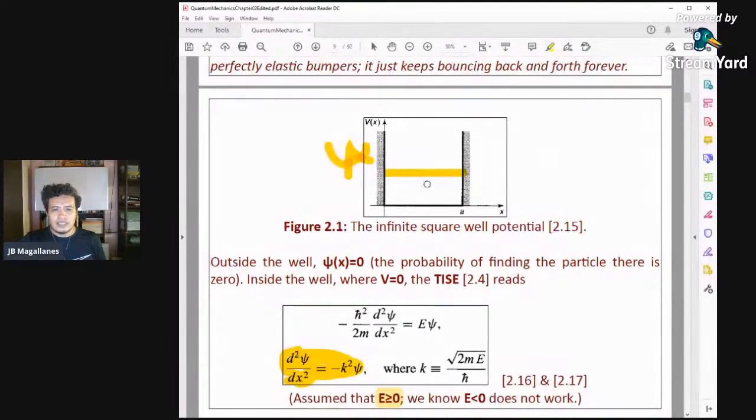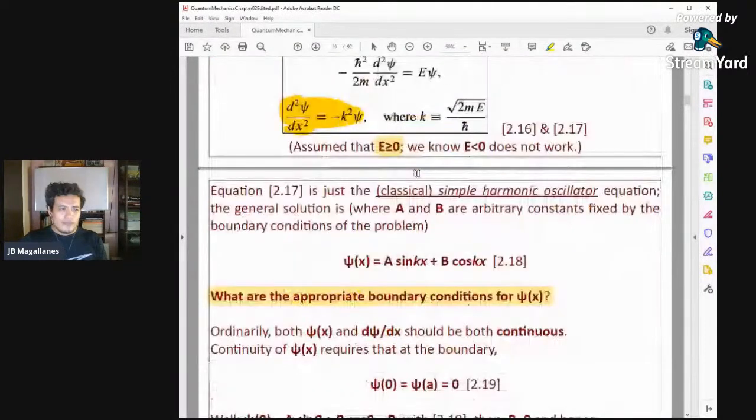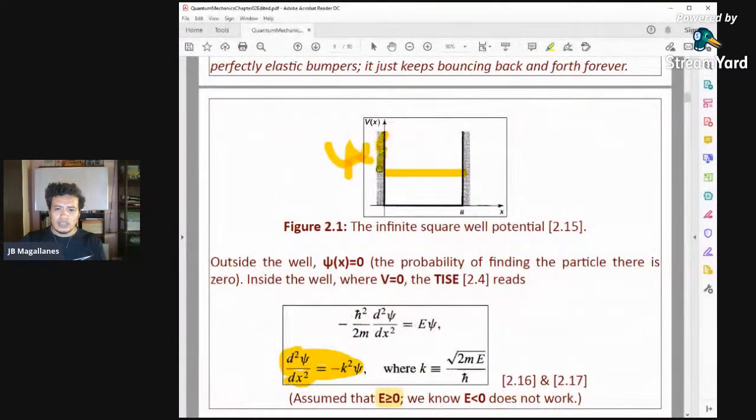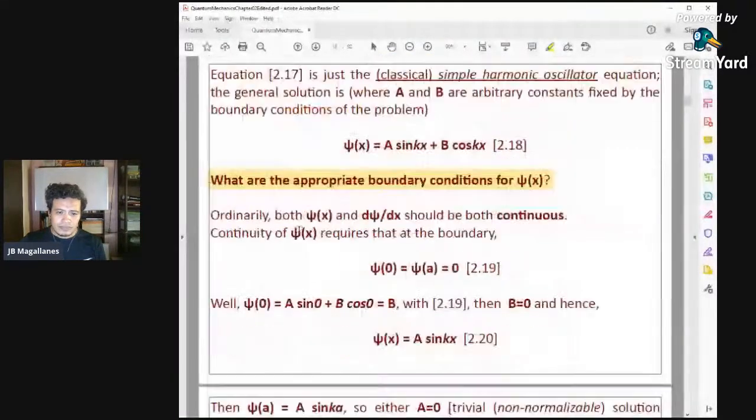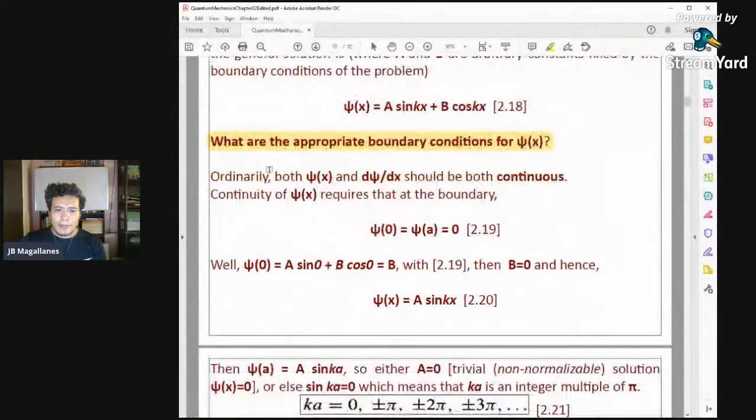But here, phi is not equal to 0. But the wave function at the walls is continuous. So at the boundary, there is a condition here.